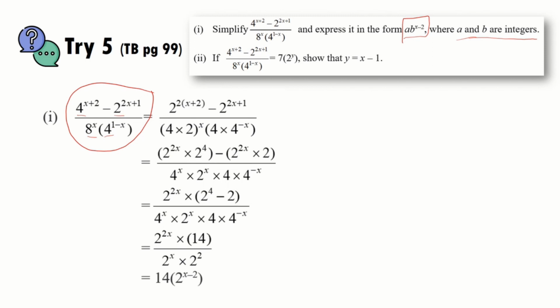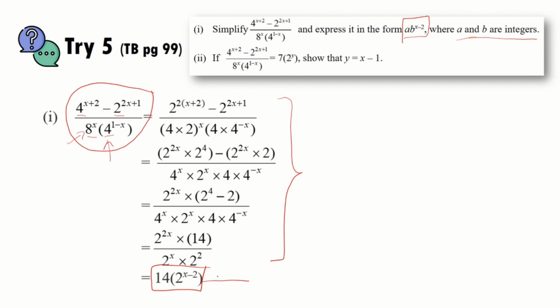Typically, in such questions, we will look for the smallest base. And then after that, think about whether the other bases, in this case 8 and 4, can be converted into that smaller base or not. In this case, the answer is yes. Then after that, what we need to do is to make use of our different indices laws and simplify our answer into 14 times 2 to the power of x minus 2.